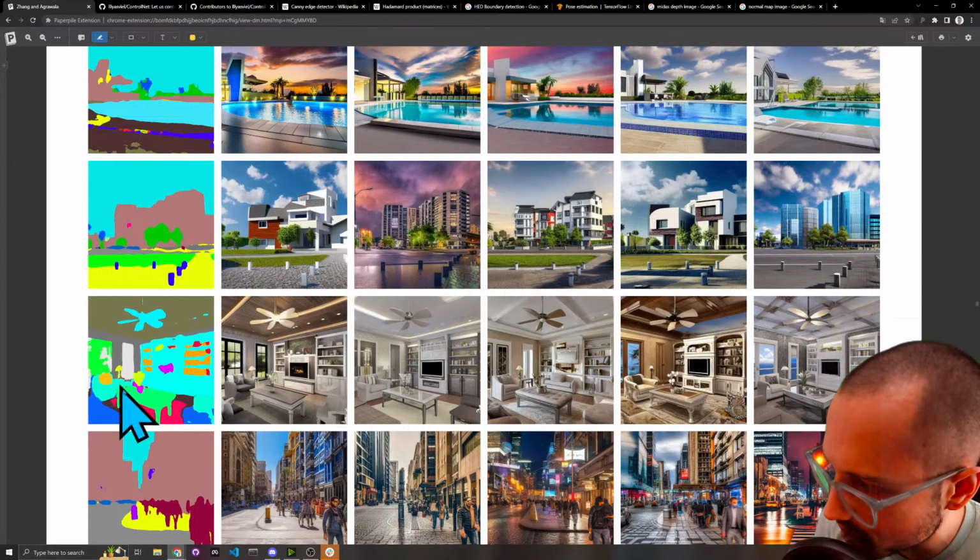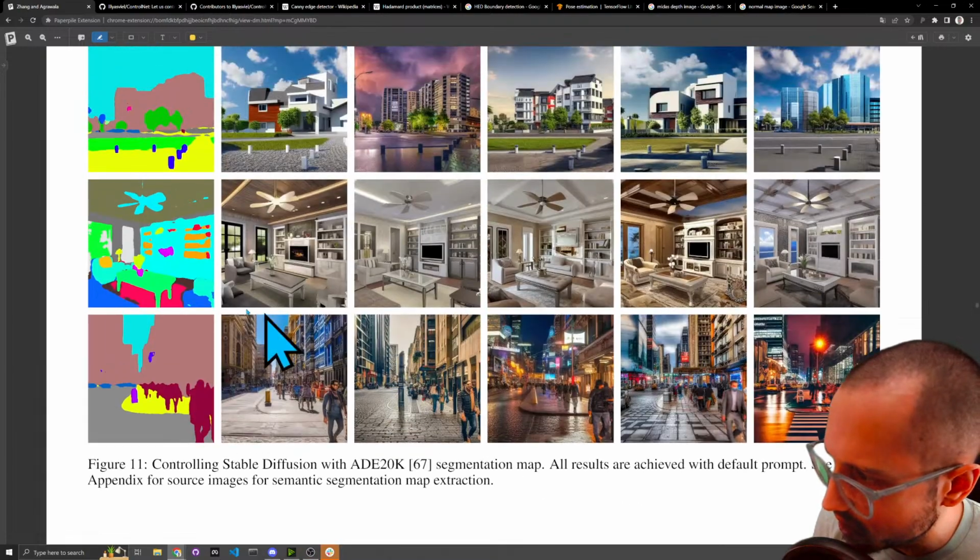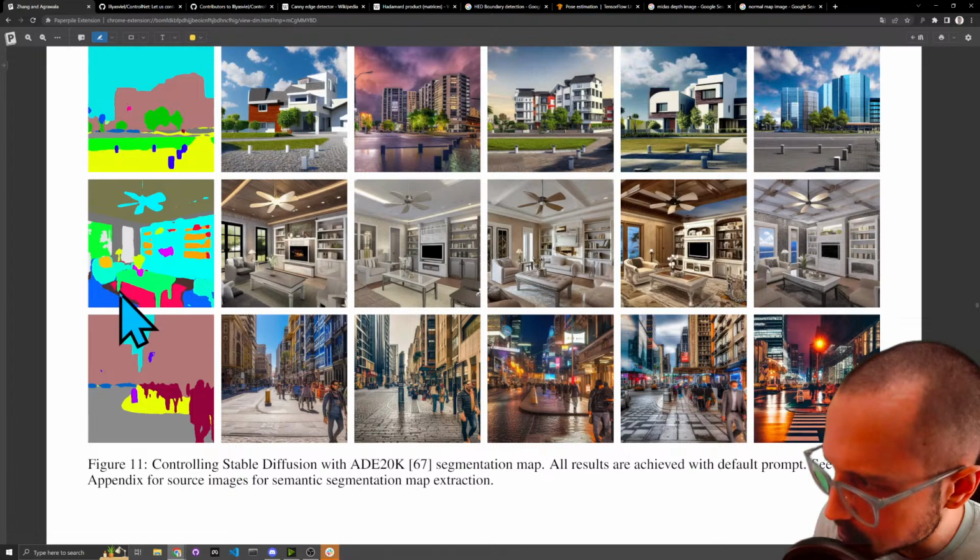So every single pixel here has a corresponding label versus here, you see how originally they're kind of polygons. So the problem with the segmentation is that the edges aren't very clean, right? So it's very blobby.